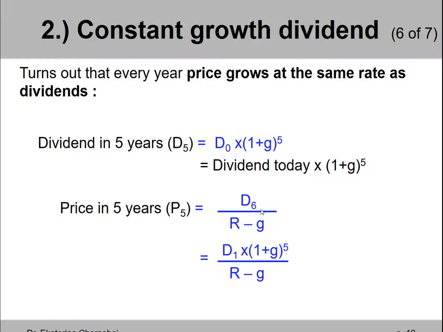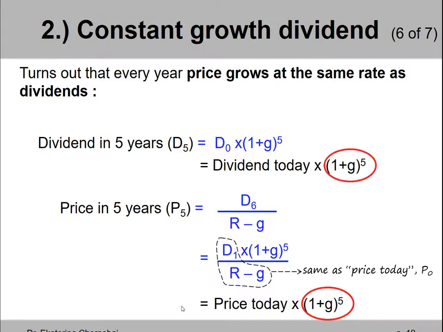We can say that it's the dividend in 1 year multiplied by 1 plus G to the 5th power. And then we can realize that dividend in 1 year divided by R minus G is the same thing as the price today. So what we get is dividend in 5 years is today's dividend times 1 plus G to the 5th. And the price in 5 years is the same thing. It's price today times 1 plus G to the 5th.